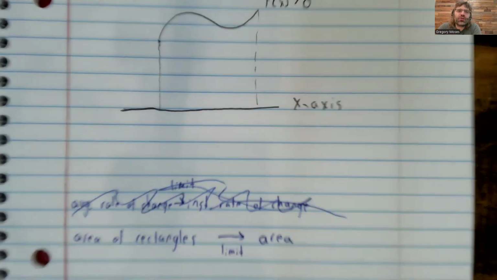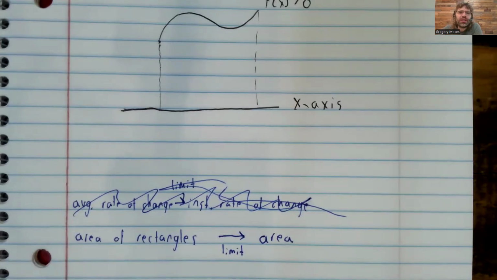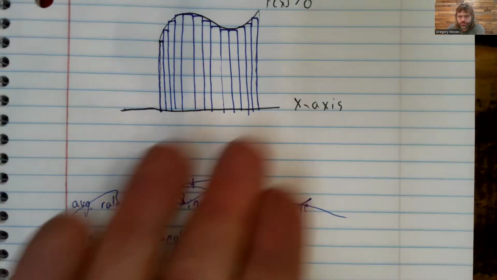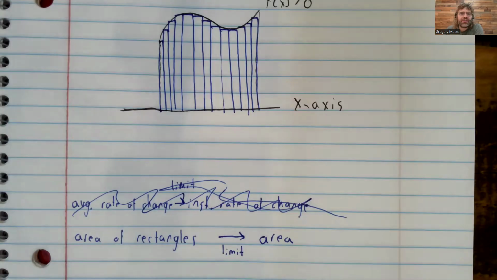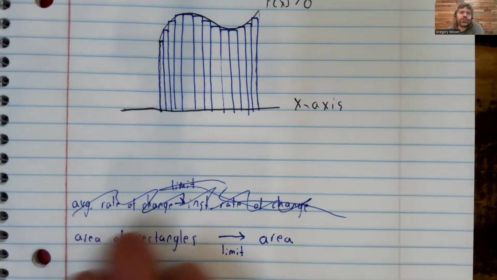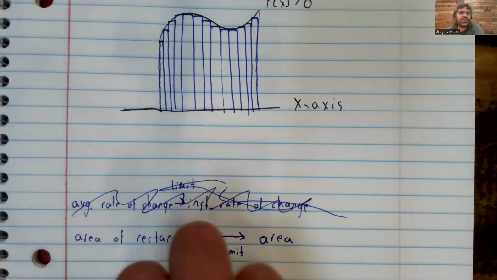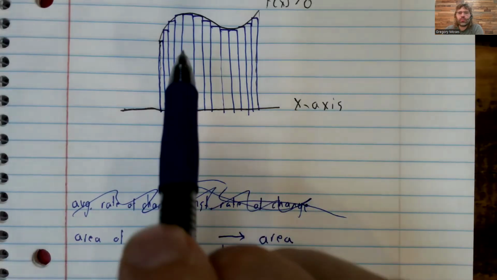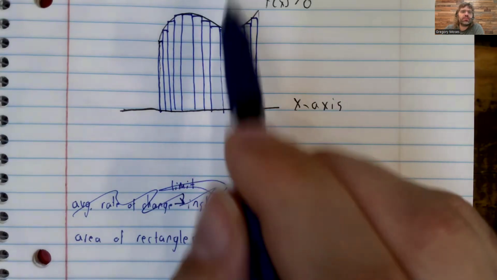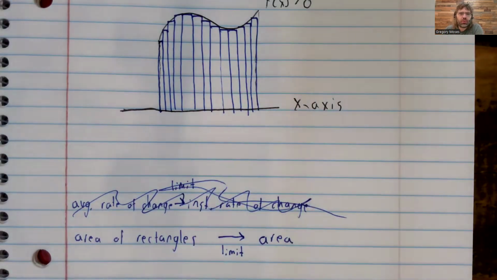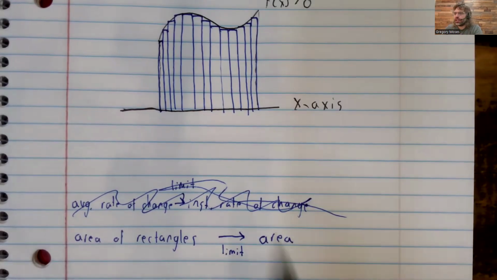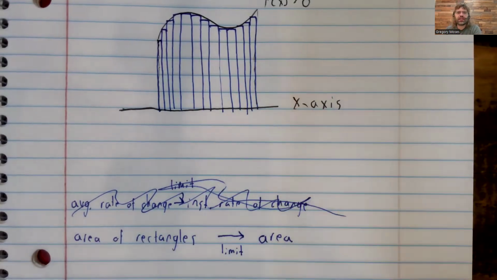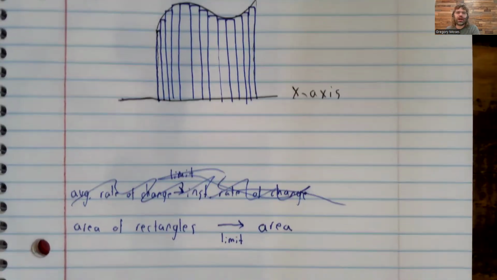The pictures in the textbook are going to be much nicer than anything I can draw. But here's the idea. We have this region we want. We know how to find the areas of rectangles. That's easy. That's the base times the height. So we take this region we want and we cover it with rectangles. We can find the areas of all of these rectangles and add them up.